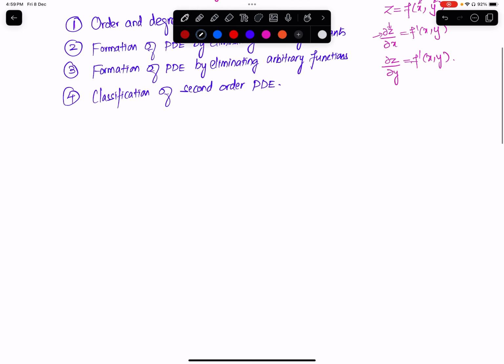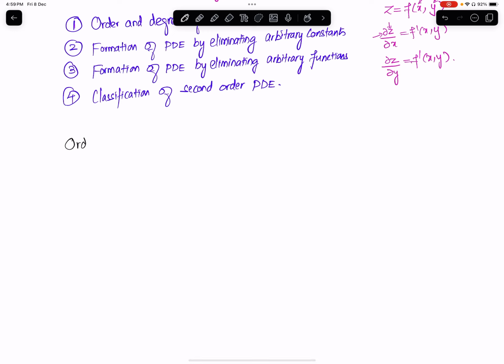The first one, the order and the degree of PDE. So this is the first topic.